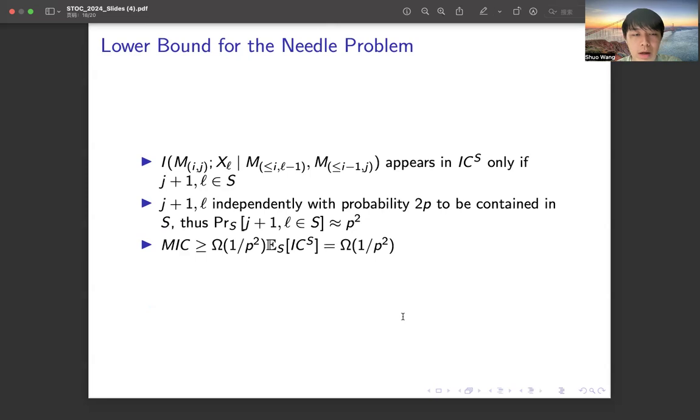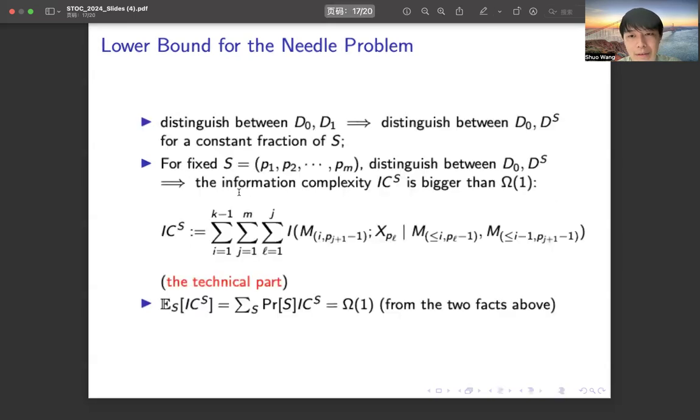And then for information complexity, the mutual information term between Mij and XL appears in the ICS only if J plus 1 and L both lie in S. This is because of the definition of ICS, right?